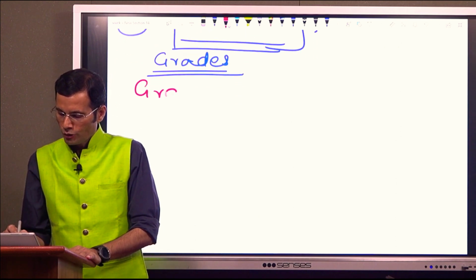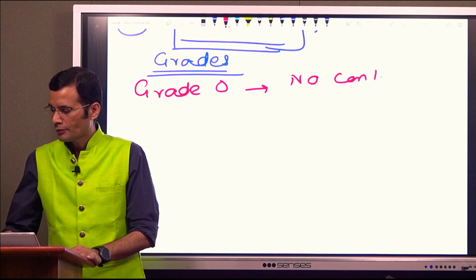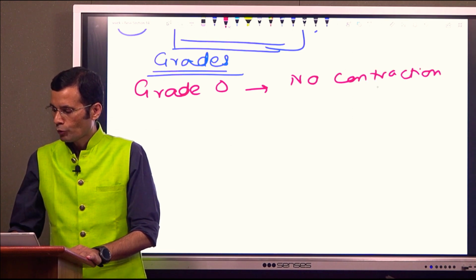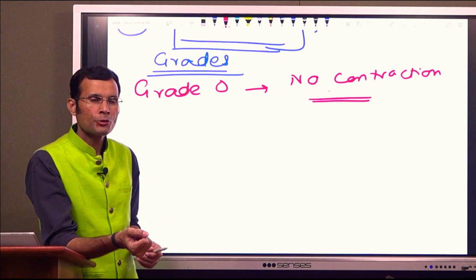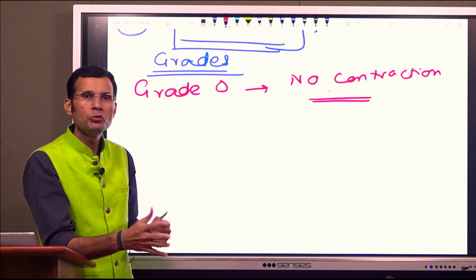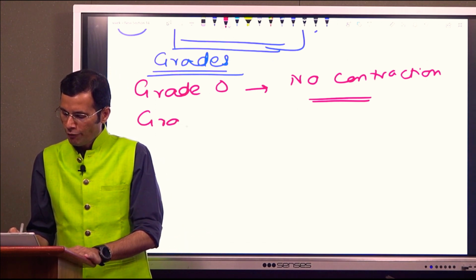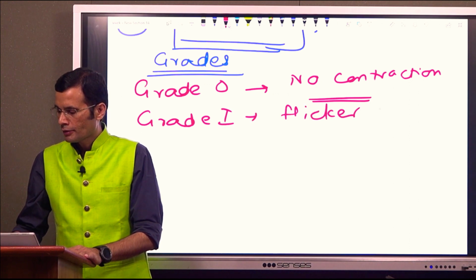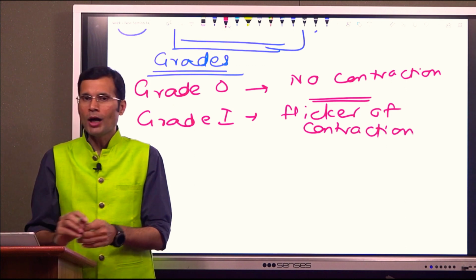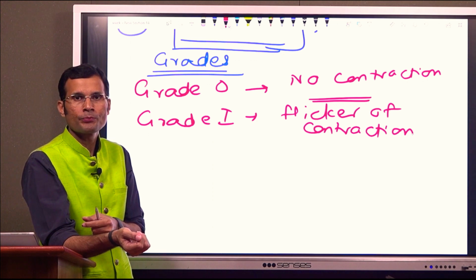Grade 0 means no contractions visible whatsoever. You ask the patient to contract certain muscle, no contraction seen. Grade 0 power. Grade 1, a flicker of contraction seen, means you ask the patient to perform some movement, contract some muscle.